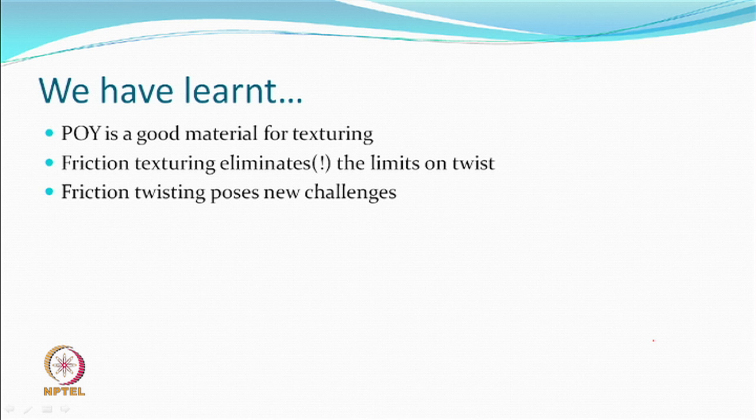So, till now what have we done? We understood that POY is a good material for texturing, low crystallinity, particularly the polyester. Others also, nylon and polypropylene, also a good material as far as the POY is concerned, because their crystal structure is a less stable structure compared to a fully drawn yarn.